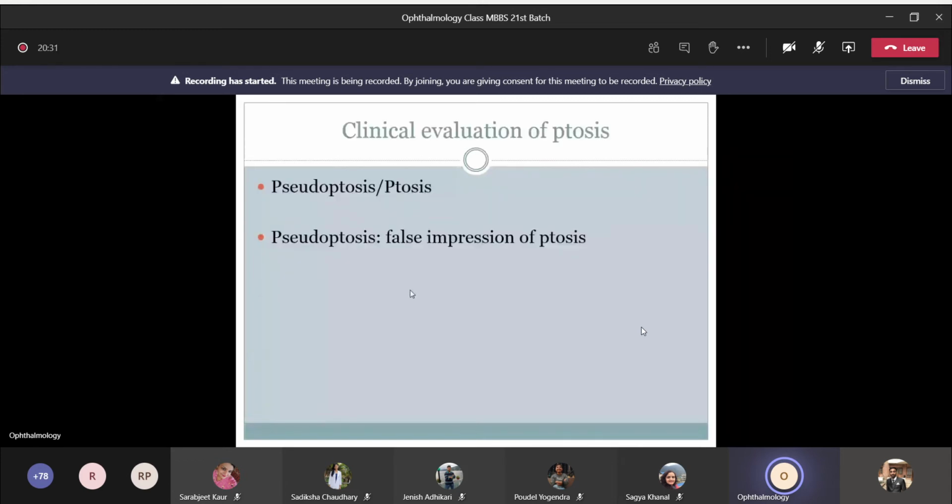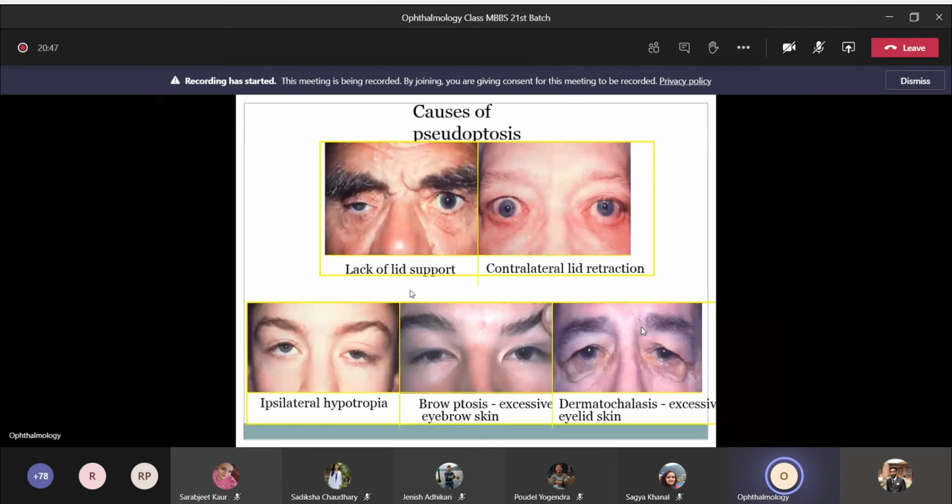This is very important: how to evaluate a case of ptosis. First, we have to rule out whether it is pseudoptosis or ptosis. Pseudoptosis means a false impression of ptosis. Causes of pseudoptosis are lack of lid support and contralateral lid retraction. If there is contralateral lid retraction, this eye looks like ptosis, but it's not ptosis, it's pseudoptosis.